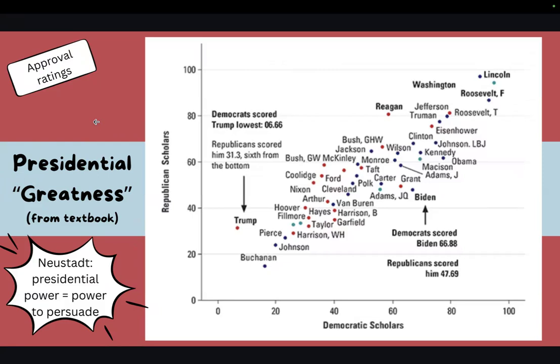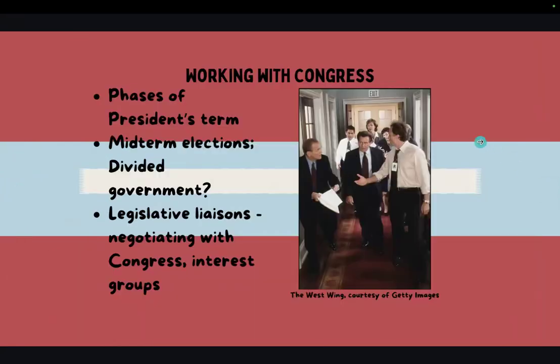That is, you probably know, and you probably read in your book, when you ask the general public, do you approve of the job the president is doing? And we'll talk about those kinds of surveys, I believe, next week. But essentially, it's the percentage of people who say yes, I approve. And so some presidents have lower ones, some have higher ones, and they go up and down during a president's term.